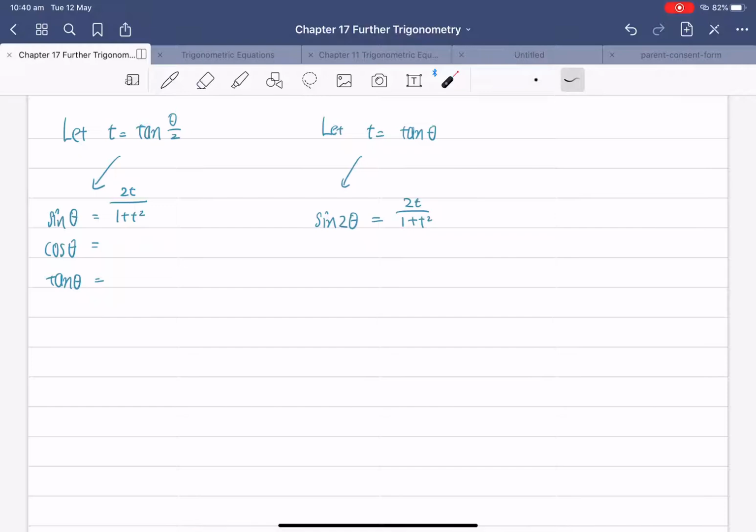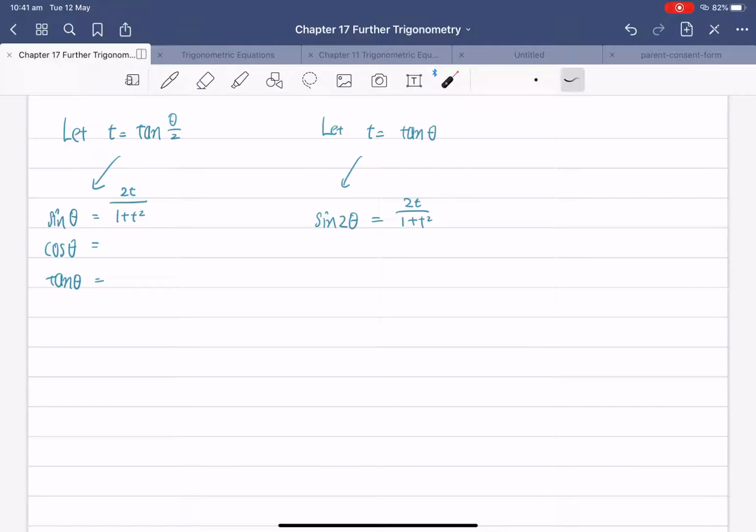The only difference is that if you want to write down sine 2 theta in terms of the t-formula, then you need to make sure that t is always equal to tangent theta. Have a look at the relationship between these two angles: that's theta, that's 2 theta; that's theta over 2, that's theta. Basically they are doubled.